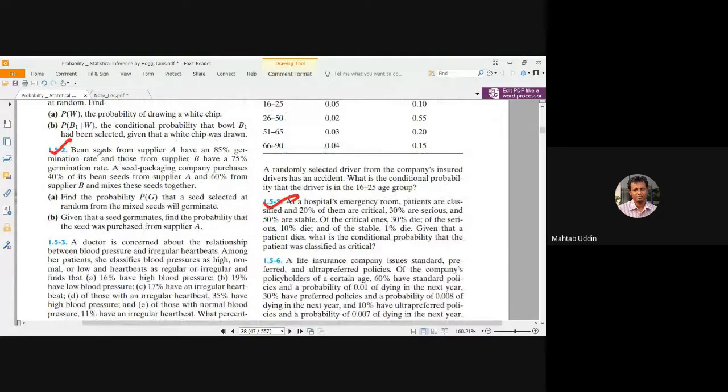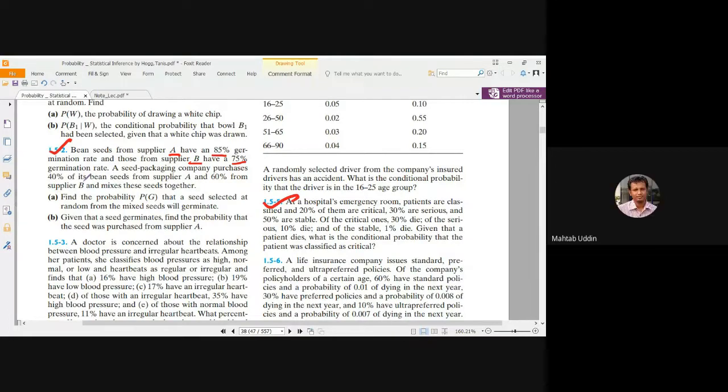See, bean seeds from supplier A have an 85% germination rate. So germination will be the condition. What may be the condition? Germination, sir. And from supplier B, 75% germination rate. So for A it will be 85%, and for B it will be 75%.